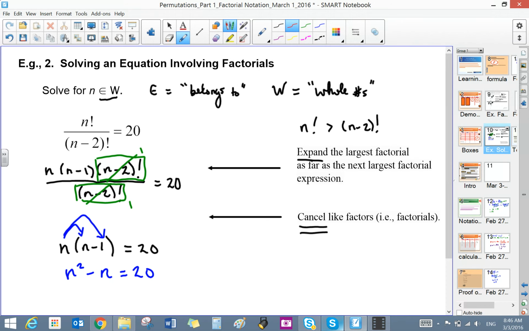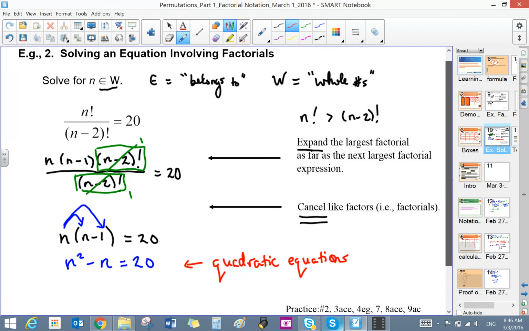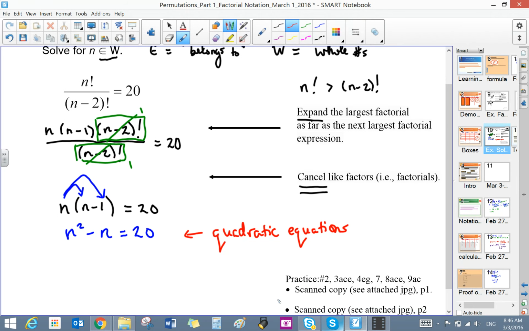So what you may now see is something called a quadratic equation. Quadratic equations have 2 solutions, generally speaking, also called roots. So in order to solve that equation, what we'll need to do is zero out one side.